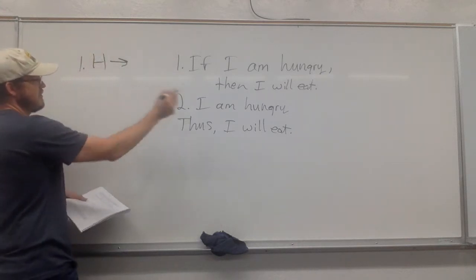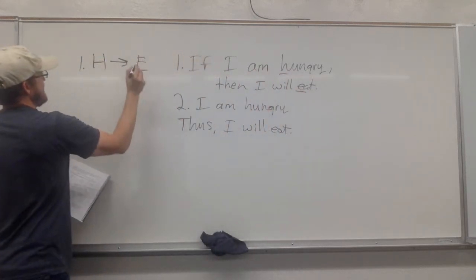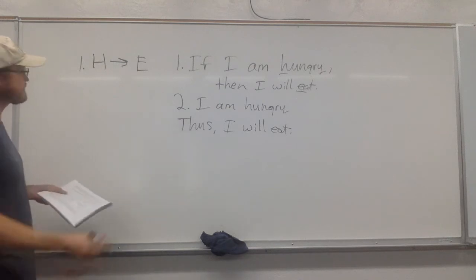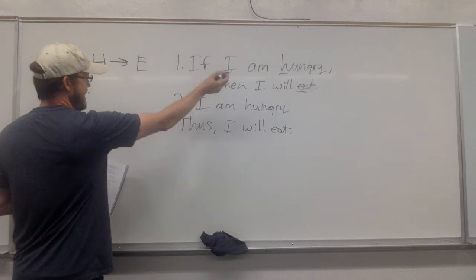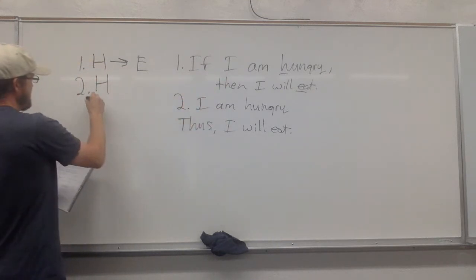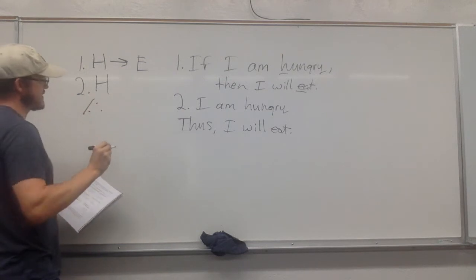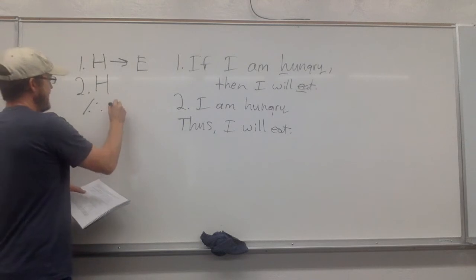So H arrow, and I'm going to use E for eat. So H for hungry and E for eat. H arrow E. And then the second premise would just be H, because I'm using the same idea, I'm hungry again. And that's all I need there. And then remember the symbol for a conclusion is those little three dots, just means therefore or thus. And then I'd have E.